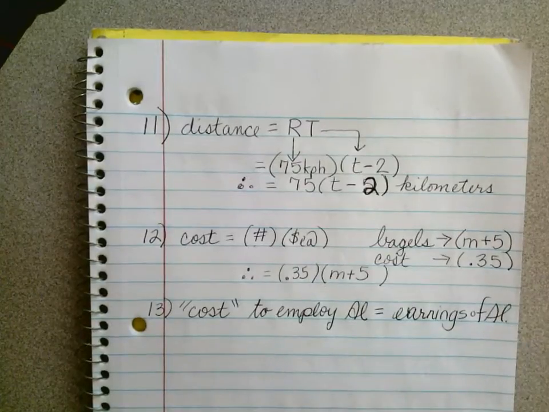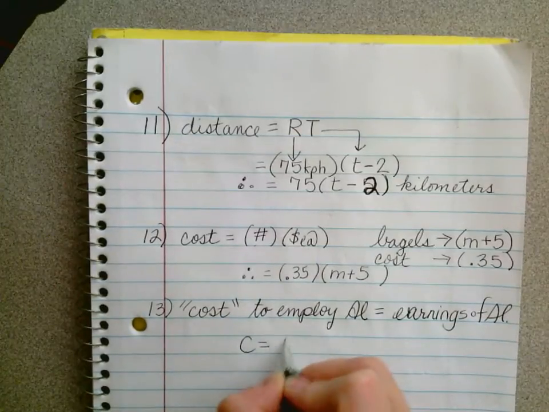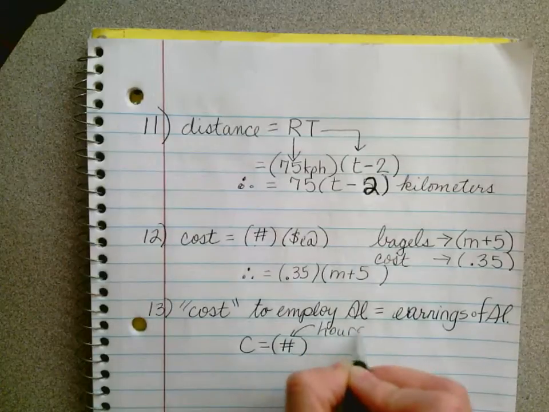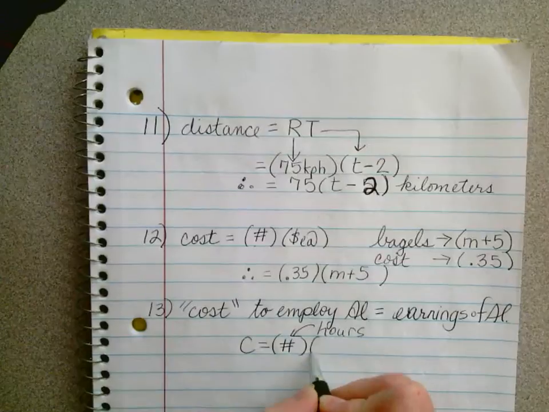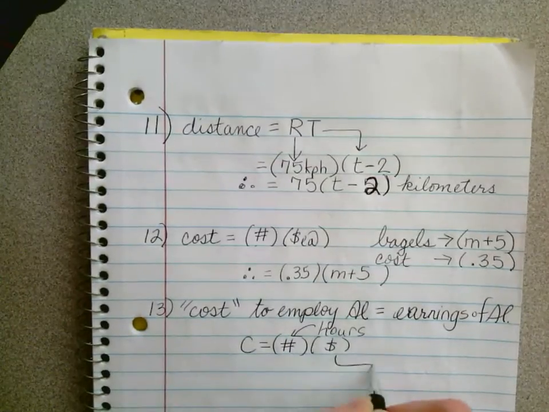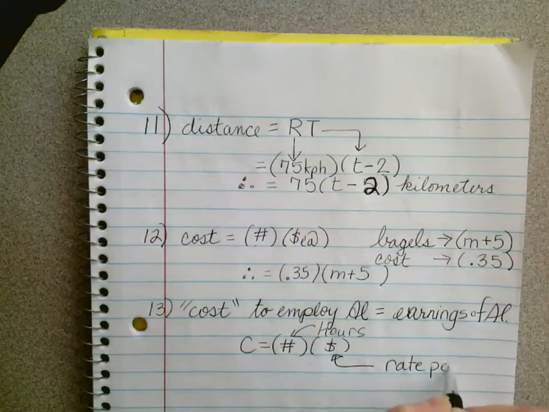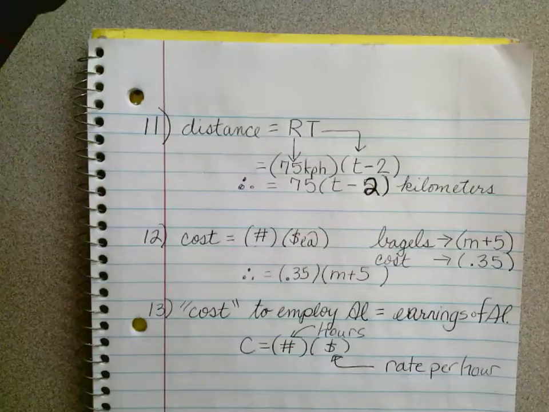So by you figuring that out, you're able to use the formula cost is equal to the count, and I'm gonna bet you the count is how many hours of Al's time we pay for, multiplied by the cost, and that is rate per hour, how much he makes per hour, okay?